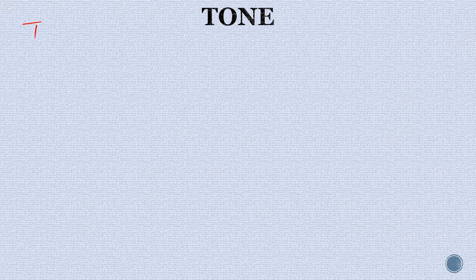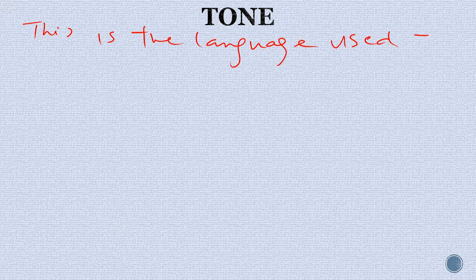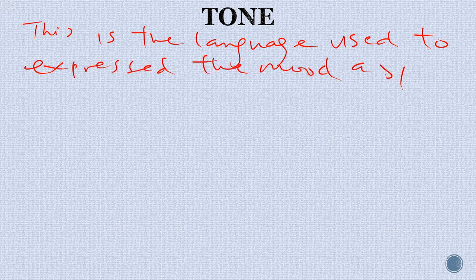Tone is the language used to express the mood of a speaker. The language used in expressing the mood of a speaker is referred to as what? The tone.